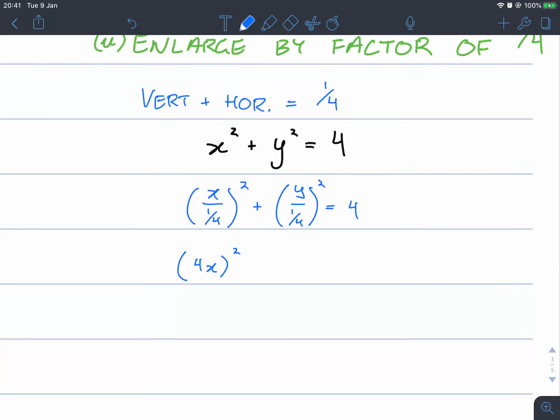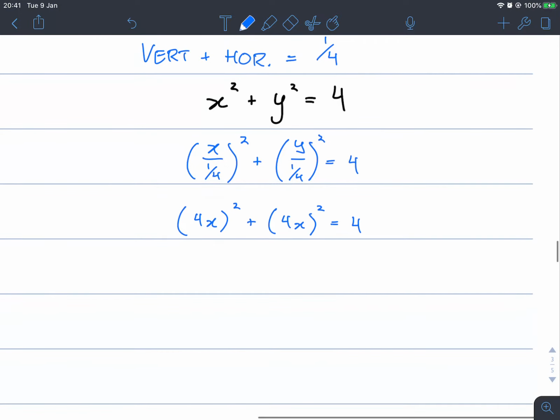You can think of this very similarly as 4x squared equals 4, and this will give us 16x squared plus 16y squared. I just noticed a little problem here. It should be y equals 4.